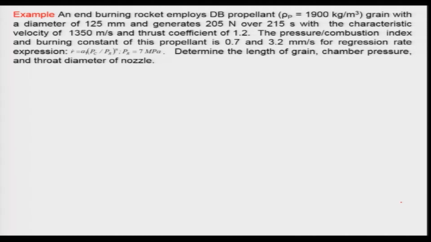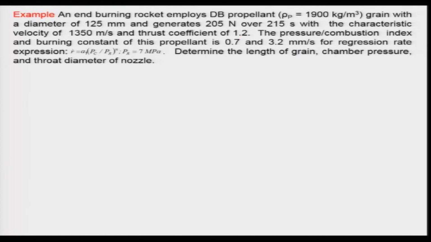An end burning rocket employs double base propellant with a density of 1900 kg per meter cube, a grain with a diameter of 125 mm, and generates around 205 Newton over 215 seconds with a characteristic velocity of 1350 meter per second and thrust coefficient of 1.2.